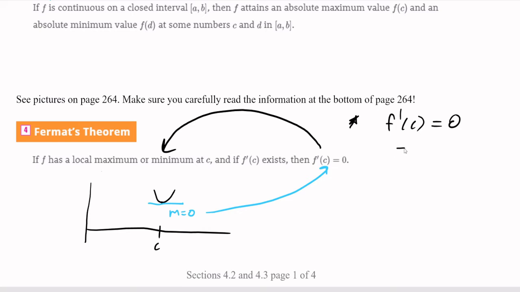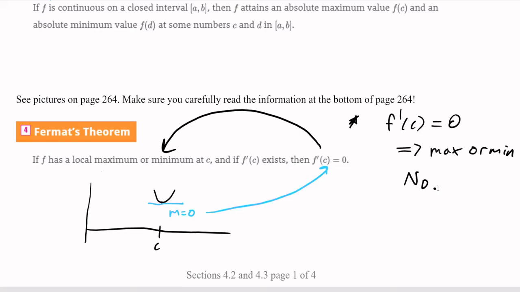If you were to say, look, the derivative is 0, thus there is a max or min, I would say no. That's not necessarily true. It could be there, and if the derivative exists and it's a max or a min, then yes, it will be 0.